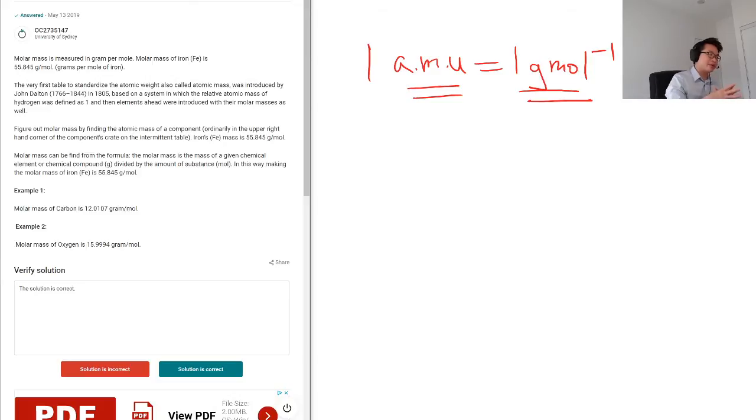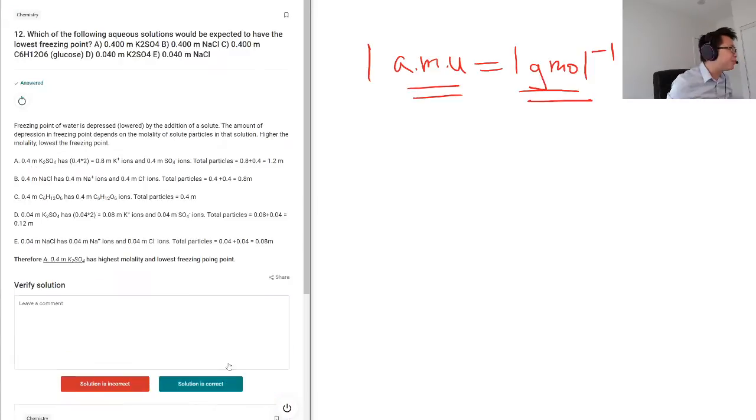Because we are looking at different units, although the number is the same, we are looking at different numbers of atoms or molecules. So the answers are correct, and also the explanation is detailed.